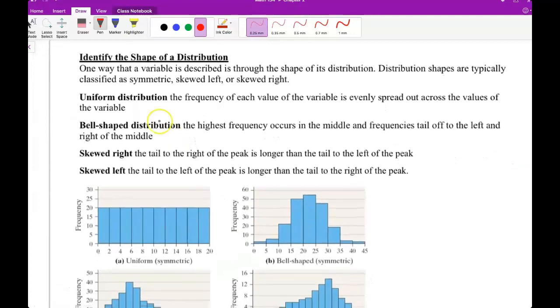Okay, next part. Here we should identify the shape of distribution. Here we have all these 4: uniform distribution, bell-shaped distribution, skewed right and skewed left.